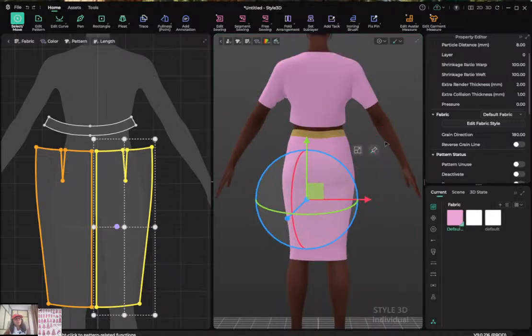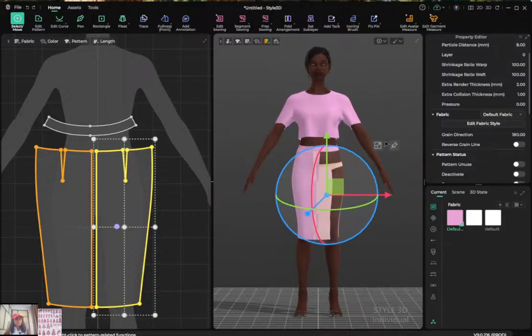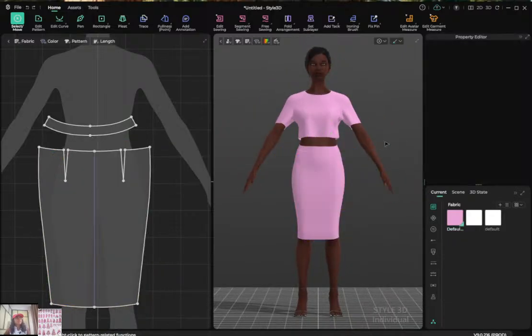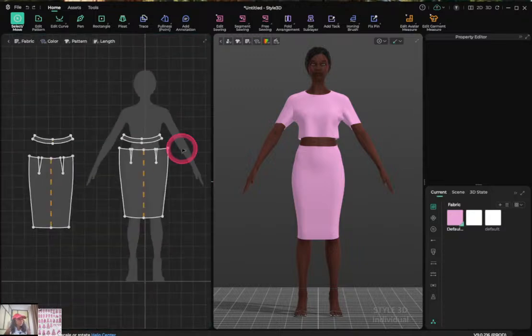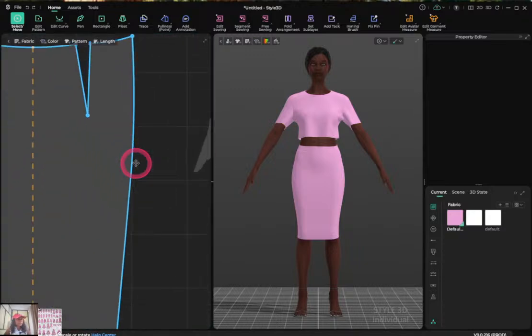Wait, I was on the front. This is supposed to happen on the back. Excuse me, guys.